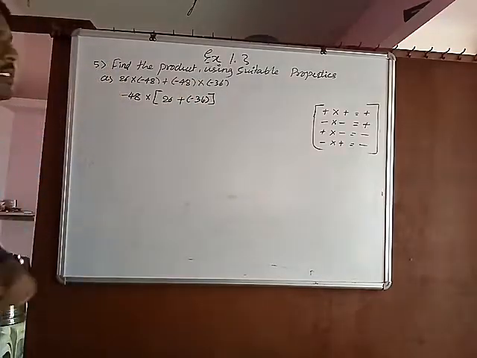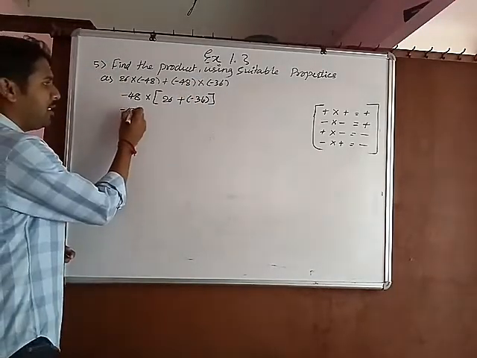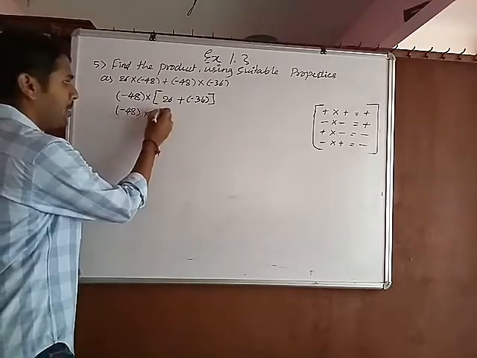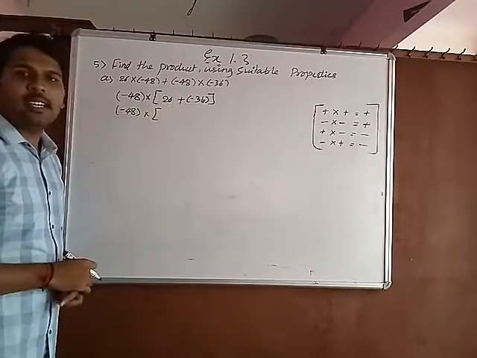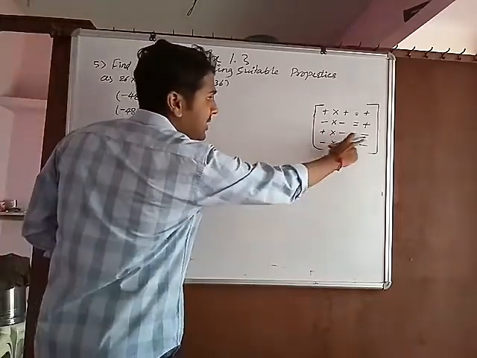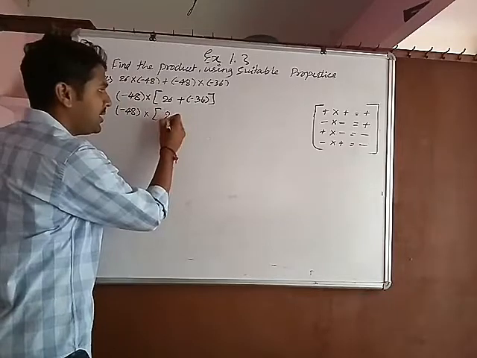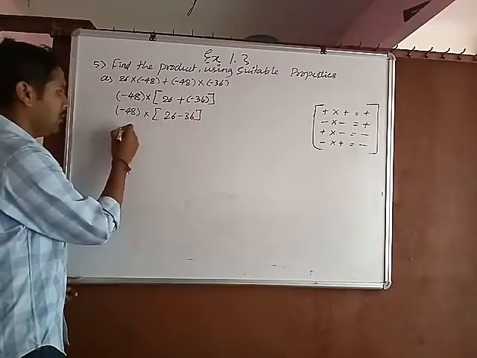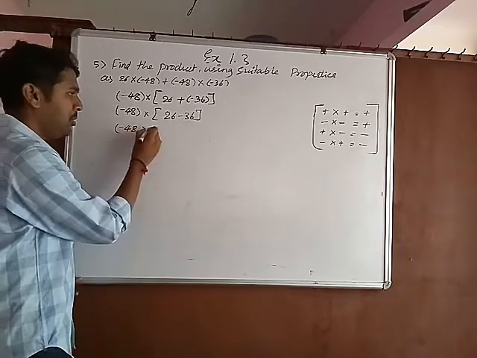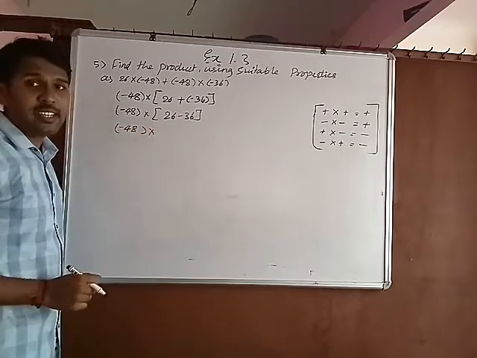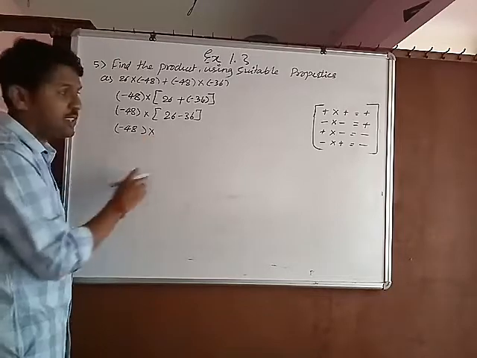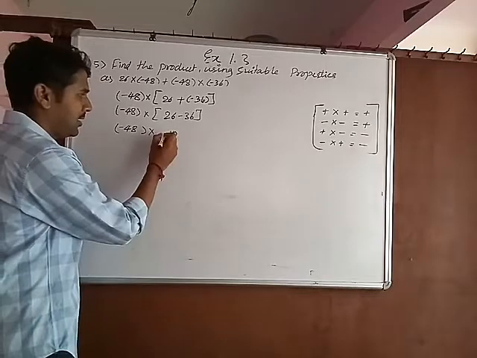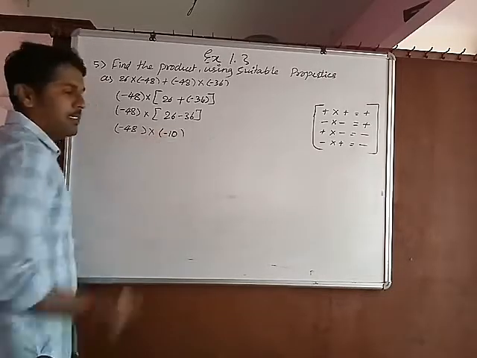So solve this one. Minus 48 outside is there. So into, plus into minus, that is 26 minus 36. So solve this one. Minus 48 as it is into, numbers are having different sign, so first we have to subtract 36 minus 26, 10, bigger number sign minus, so minus 10.